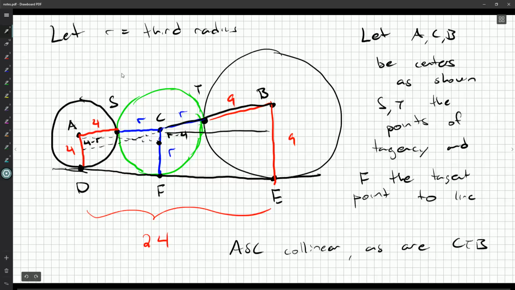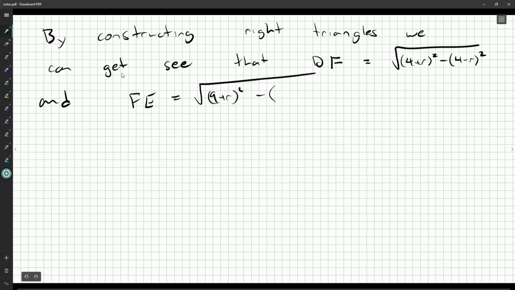R is probably less than 9, but we can't guarantee that for sure. But no matter which way you slice it, you're going to have 9 minus R or R minus 9, doesn't matter which one, because they both have the same square value.